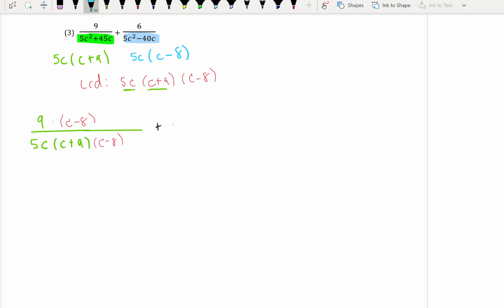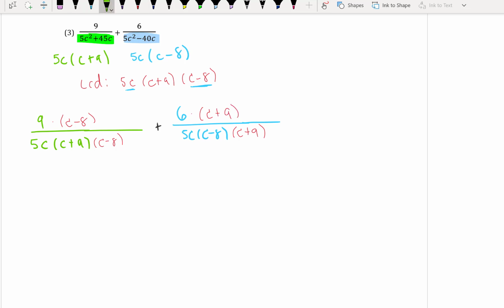Plus, now I have my second fraction. Remember I have a 6 over 5c, c minus 8. So I definitely have the 5c. I have the c minus 8. So what's missing is a c plus 9. So what's missing, I multiply top and bottom by.